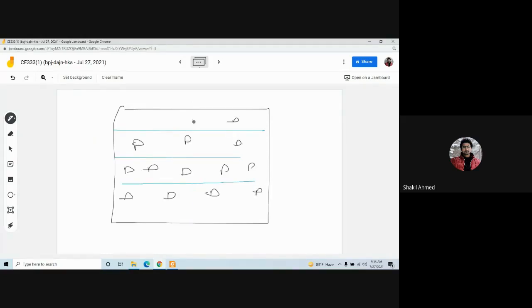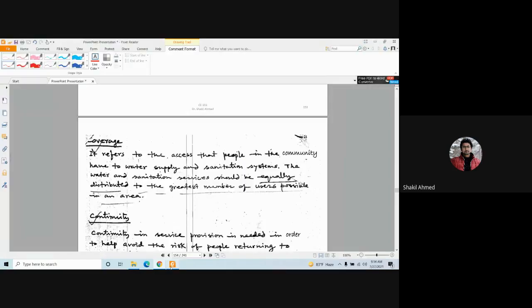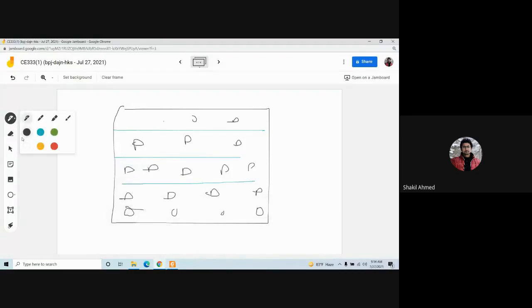There is one there. Now, what would happen to these people? There is no pipe network. Would they get that water? They will not get it. So coverage is important. You need to provide another pipe network here.